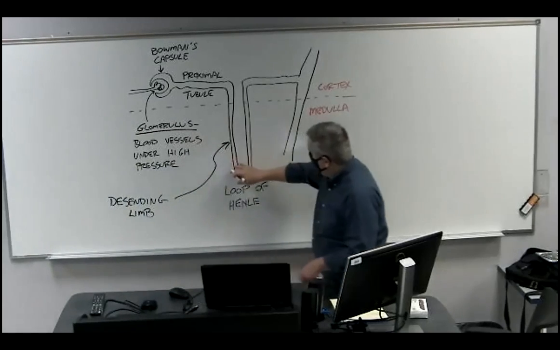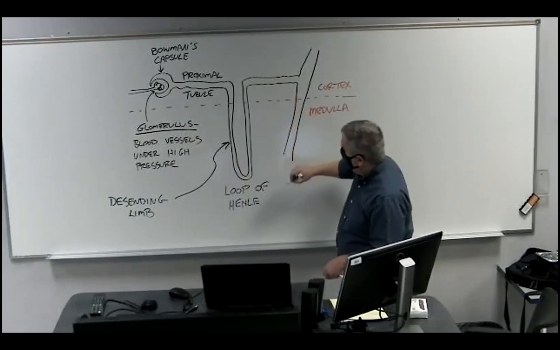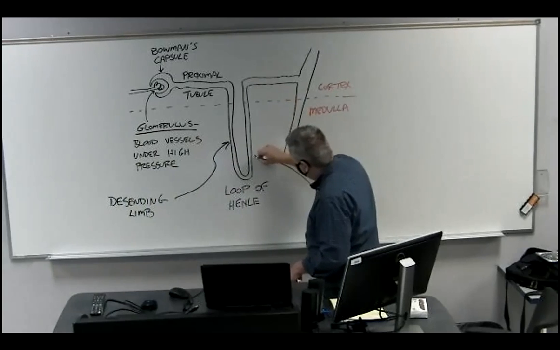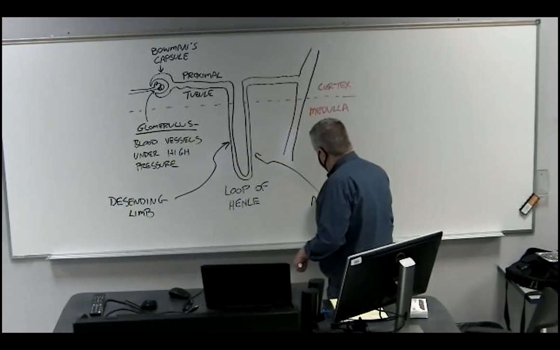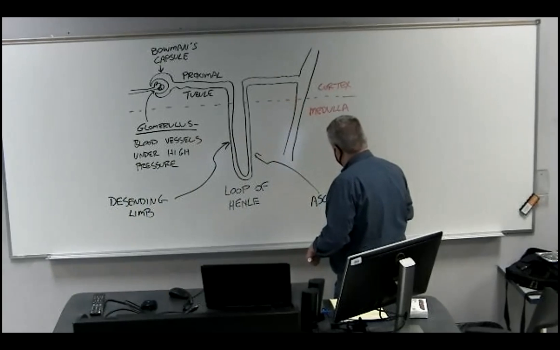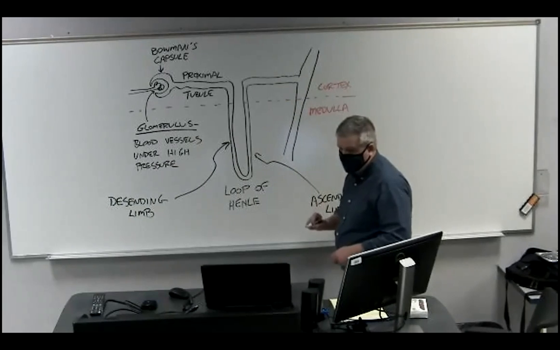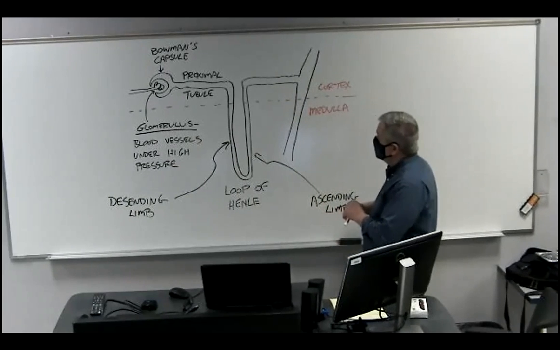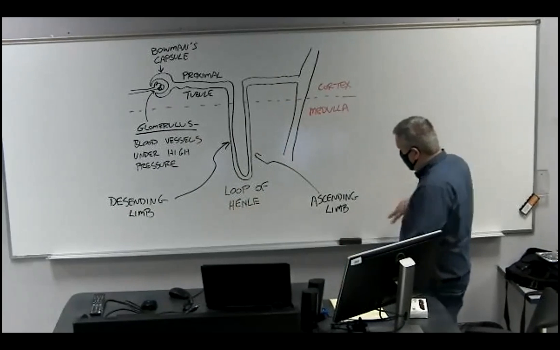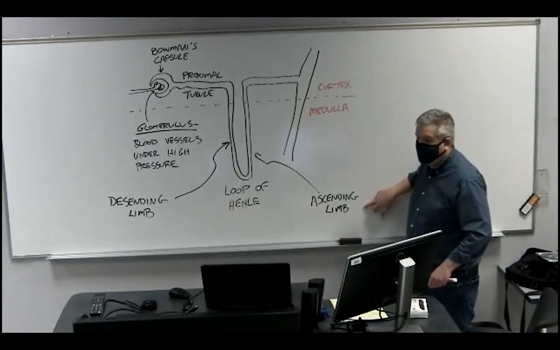Over here on this side, where it's going back up into the cortex, this is the ascending limb of the loop of Henle. So, descending limb, and I'm in the way here, ascending limb over here.